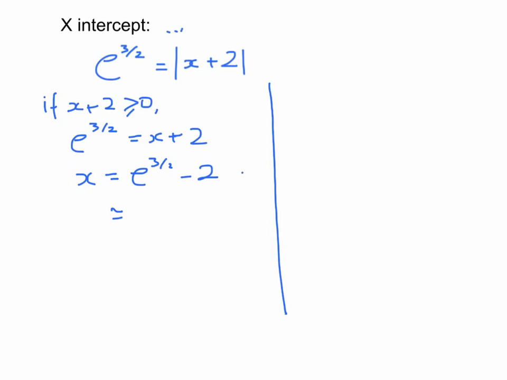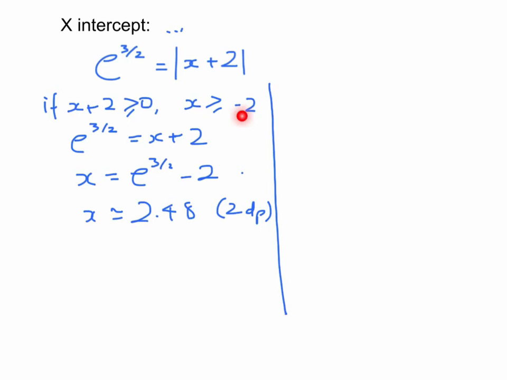The approximate version you'd get from your calculator is 2.48, correct to 2 decimal places. Now this actually corresponds to x being greater than or equal to negative 2. So that matches, because 2.48 is bigger than negative 2.